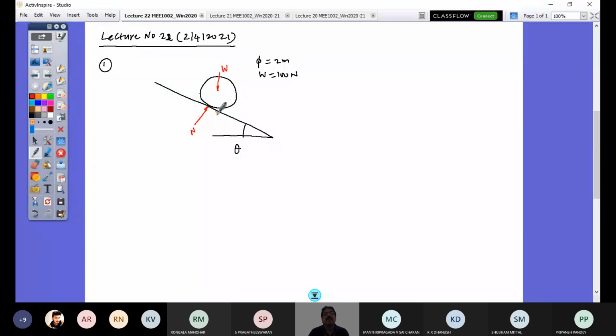Back side, sir. Towards the left side. Like this, down or up? Upwards. Okay, so this is the direction of the friction force there. Now this cylinder is resting on the slope. Do you agree on it?